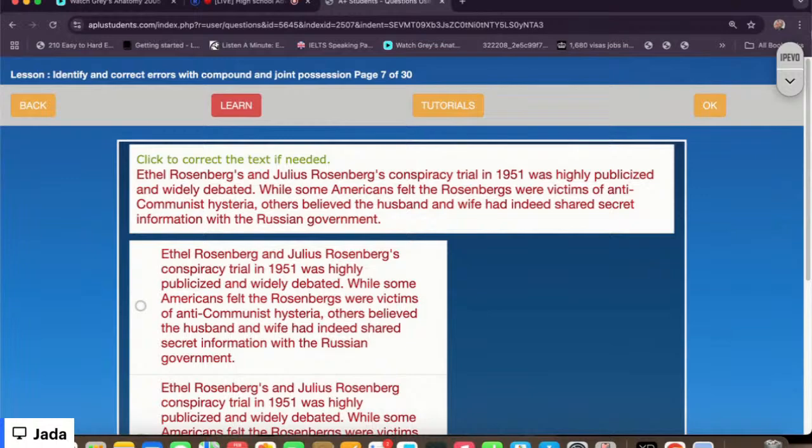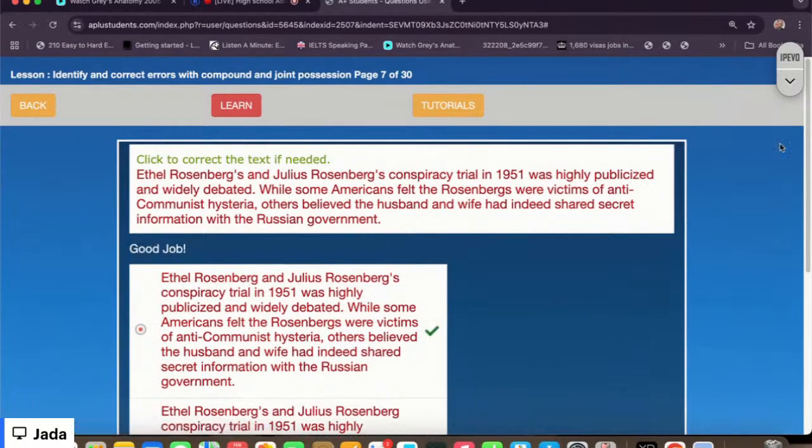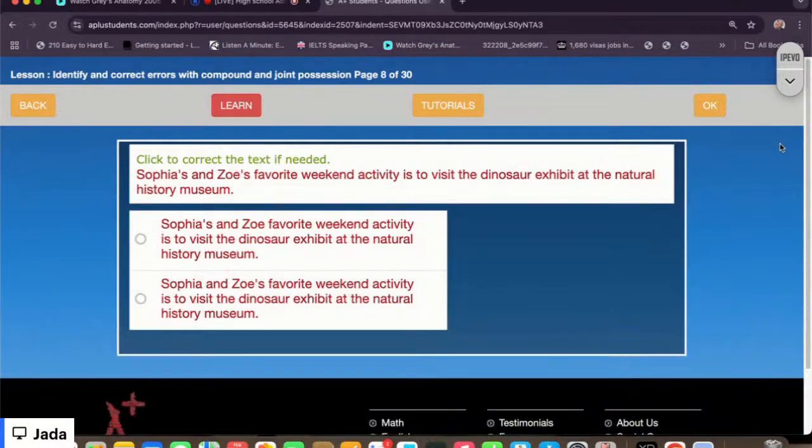While some Americans felt that the Rosenbergs were victims of anti-communist hysteria, others believed the husband and wife had indeed shared secret information with the Russian government. So, what will this be? They kind of share the same possession of the trial.